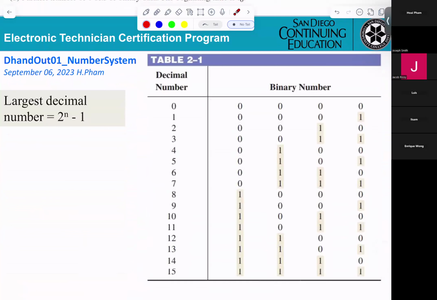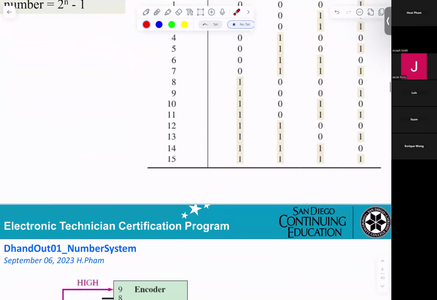Okay, so basically now, if you know a decimal number and you want to know the binary number: 0, 0, 0, 1, up to 15, 1, 1, 1, 1, 14, 1, 1, 1, 0. This is the formula for how to do the calculation.